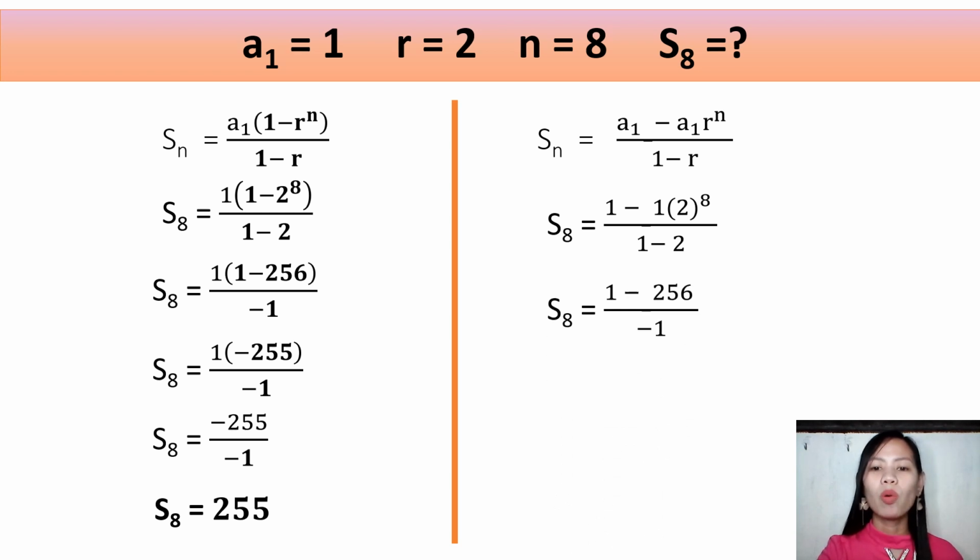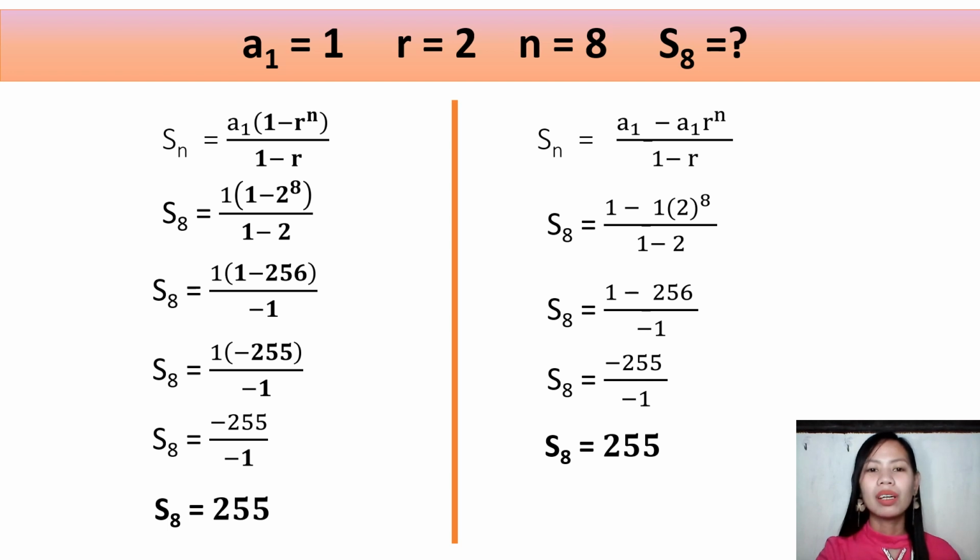So we can have 1 minus 256 all over negative 1. So 1 minus 256, that is negative 255 divided by negative 1 is still positive 255. Therefore, the sum of the first 8 terms of the sequence is 255. So you can use any of the two formula. It is up to you.